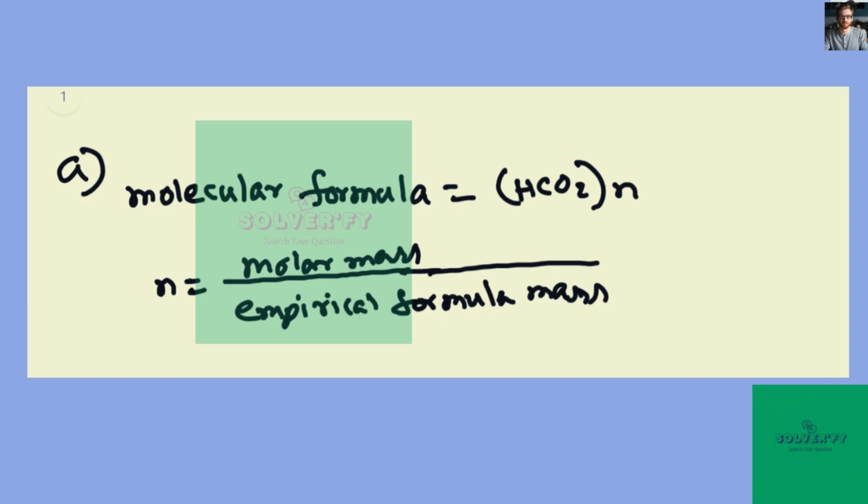So here it is the molar mass or the molecular mass over the empirical formula mass. So we can find the empirical formula mass from here, just adding up the formula mass for each atom or species present here.